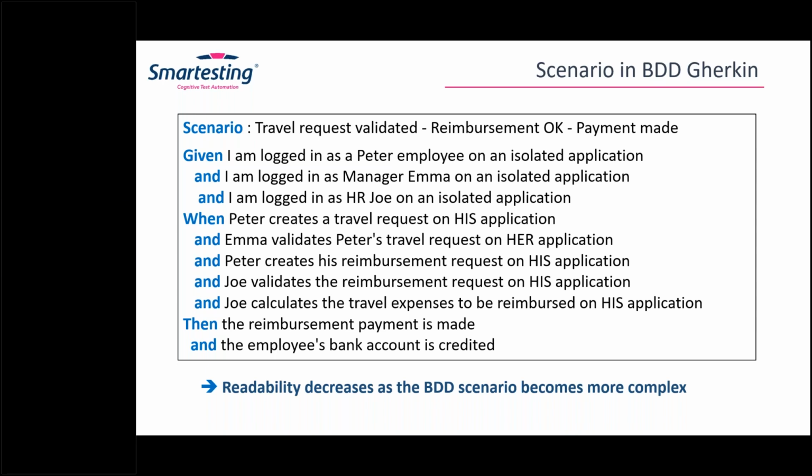Kindly note here, our example of travel management is rather oversimplified. In real project settings, the test workflows are more complex and lengthy than the one that I've just described. Imagine a BDD Gherkin scenario with more than 15 or 20 test steps. This is simply not possible because the readability and maintenance of BDD Gherkin scenarios then become very, very difficult.